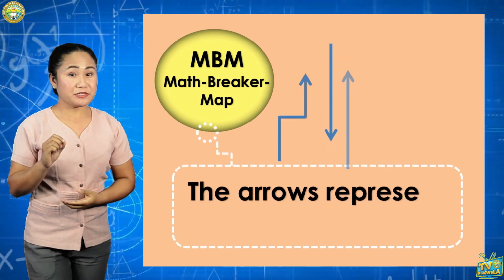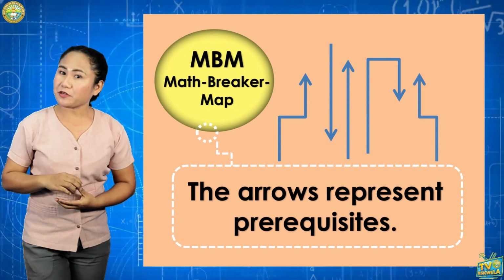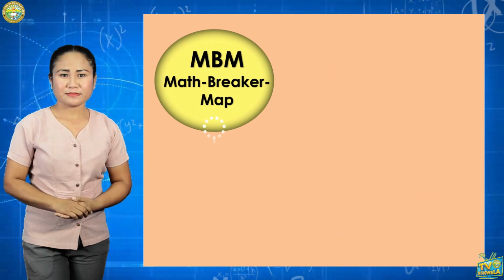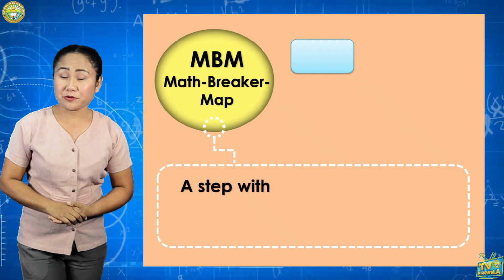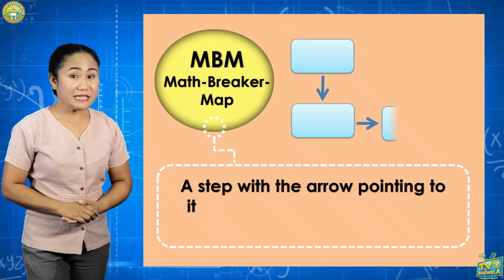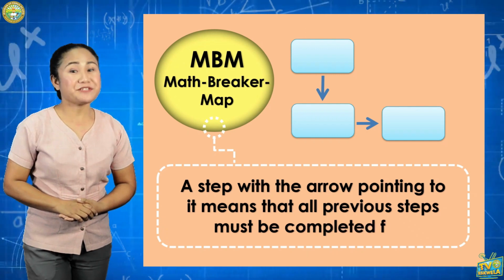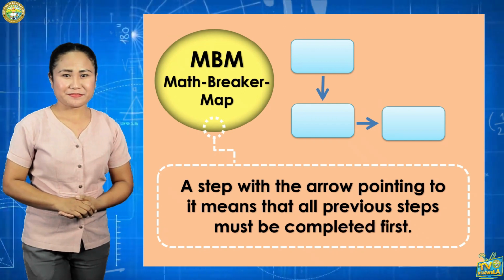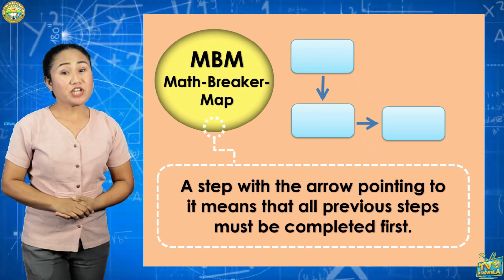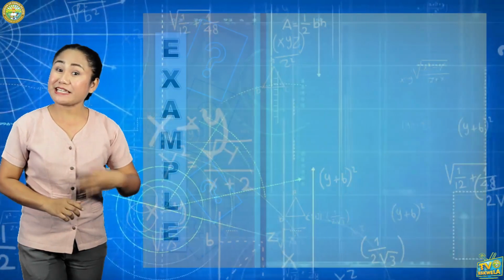The arrows represent prerequisites. A step with the arrow pointing to it means that all previous steps must be completed first. Just like in this first example.